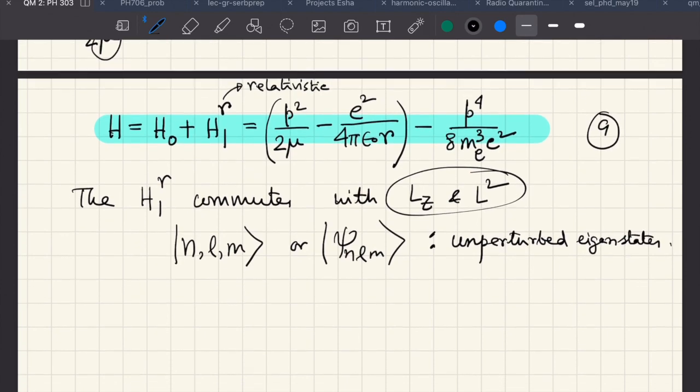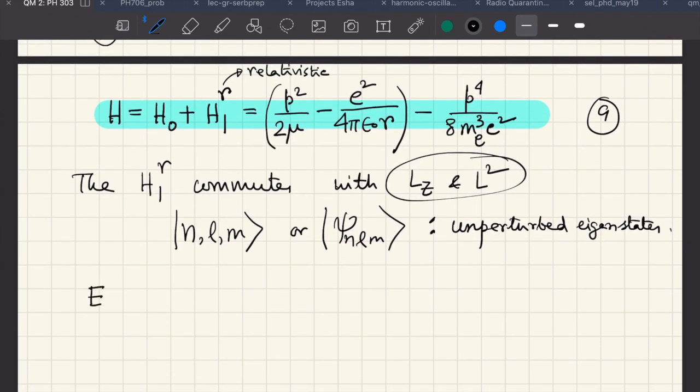So what should be the formula? The formula for calculation should be E_n, and we are just going to remove this degeneracy of L. So let us keep this L as the subscript, and this is the first order correction due to relativity. The formula is psi NLM, the perturbed Hamiltonian, and then psi NLM. These are the unperturbed eigenstates.